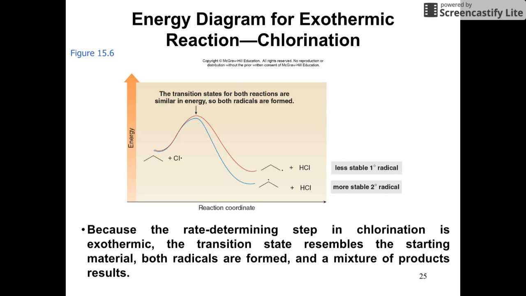Now, the rate determining step in this case is exothermic, so the transition state resembles the starting material. And if you see, the starting material is the same. Therefore, there's not a large difference in the energy of the transition state. Therefore, both of the radicals are formed, and we then will also get a relatively equal amount of both halogenated products.